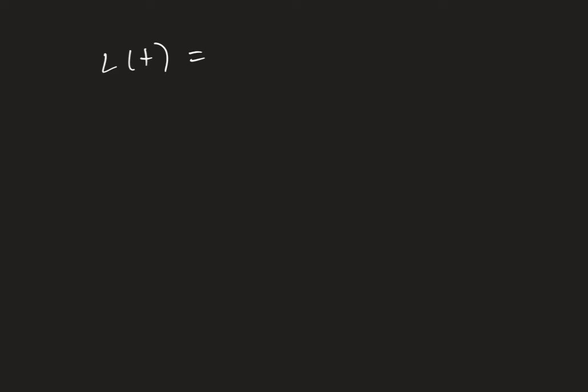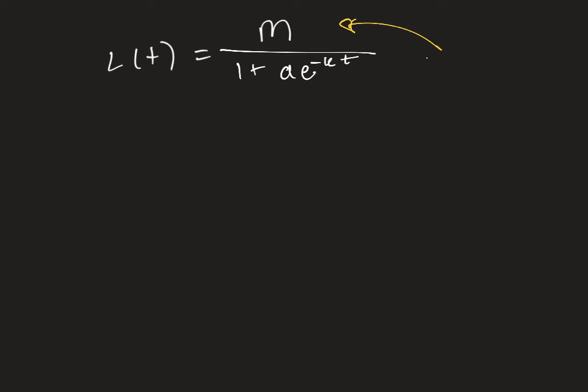And this would be our maximum, or our carrying capacity, like that upper horizontal asymptote, which goes on top, divided by 1 plus a, which is just a constant, times e to the negative k t. T is our variable. So our m up here is our carrying capacity, which is like our maximum, right?